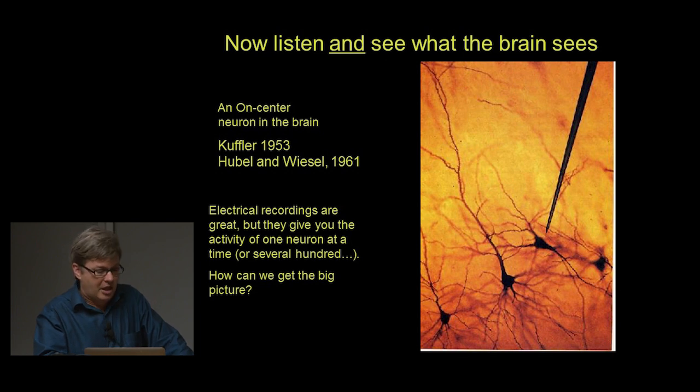And the problem is that this is only one recording. Again, with modern techniques, you can have hundreds of these, but only hundreds of these. And the other very important thing is you can't do what I want to do here. Go from this neuron to that neuron to that neuron to that neuron.